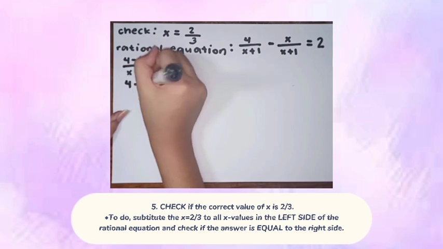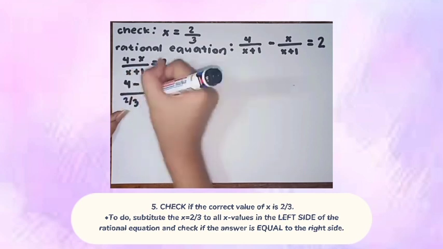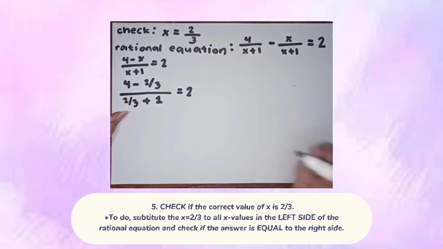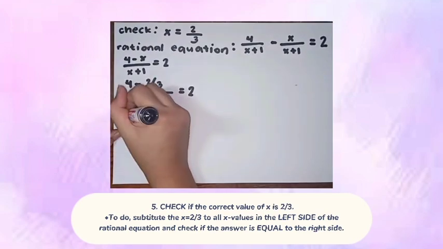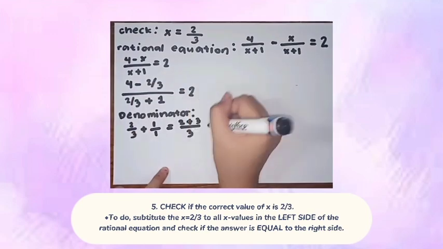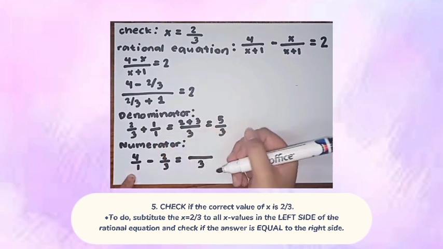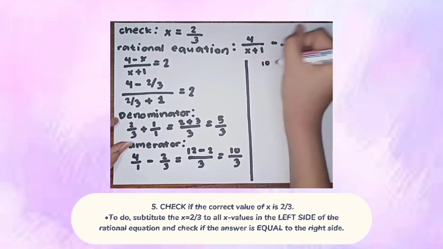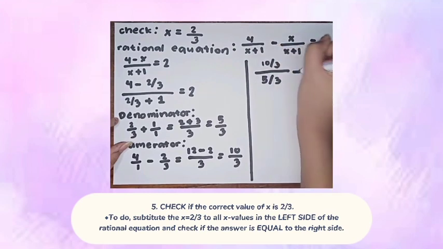So 4 minus 2 over 3, over 2 over 3 plus 1, is equal to 2. Now, let us simplify the numerator and the denominator. So, 10 over 3 over 5 over 3 is equal to 2.